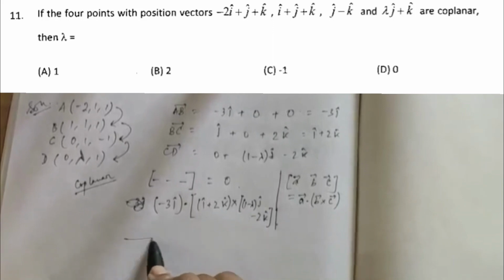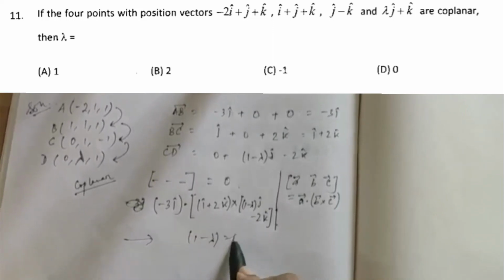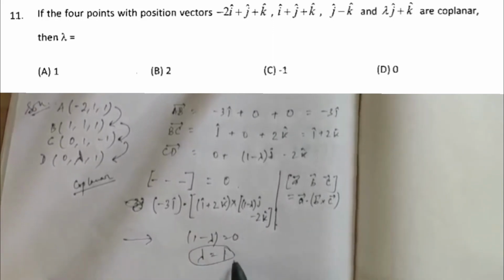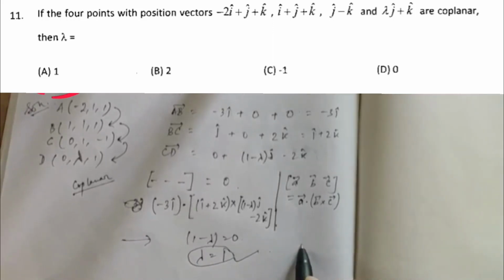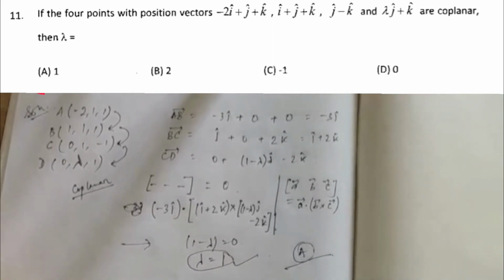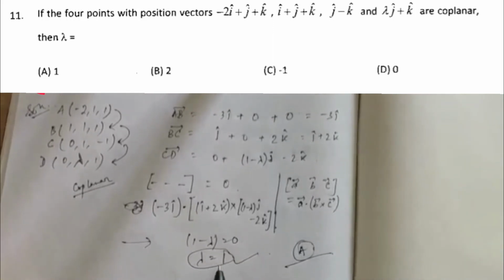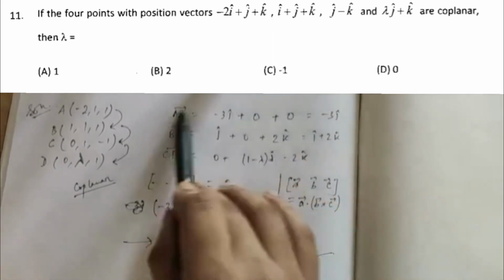I am not solving it here. You will ultimately get 1 minus lambda equal to 0, and the value of lambda will be 1. The answer will be option A. You must solve it at the exam hall with efficiency. Don't make silly mistakes. So this was the approach towards the question.